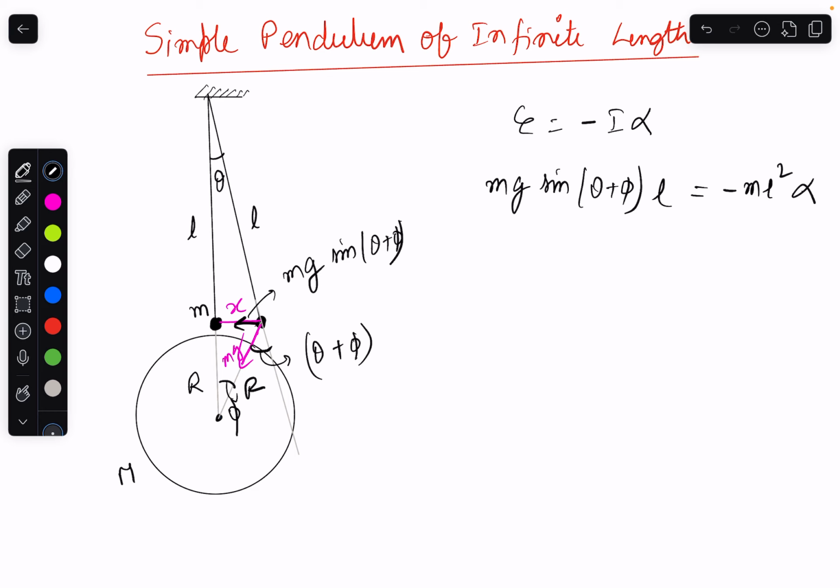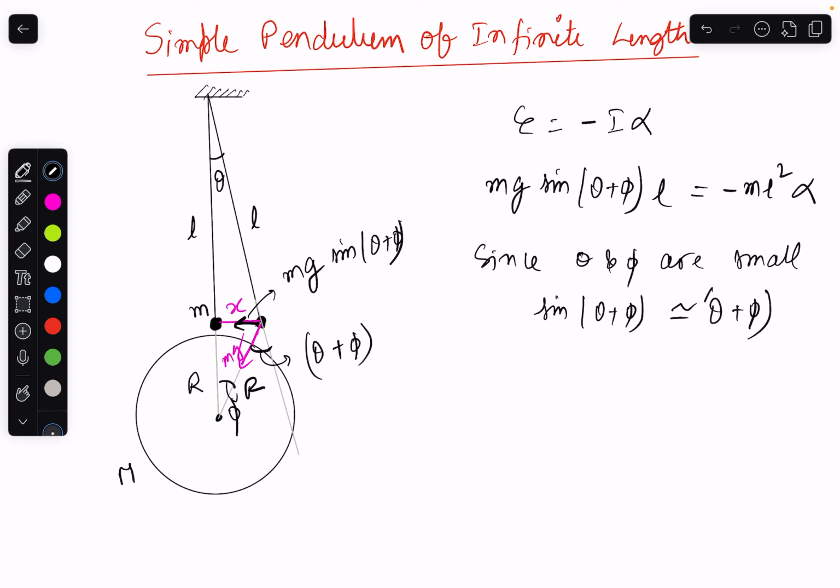Now one thing we have to keep in mind to satisfy the conditions of simple harmonic motion is that theta will be small and also phi will be small. So since theta and phi are small, we can write sine of theta plus phi to be approximately equal to theta plus phi.